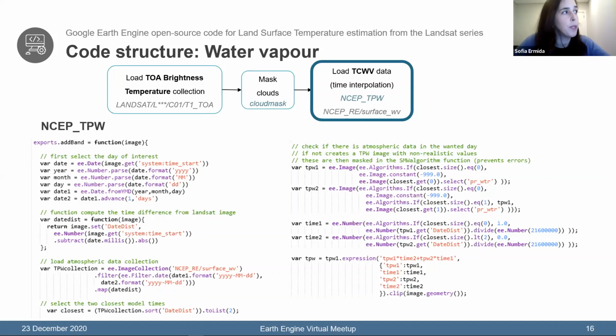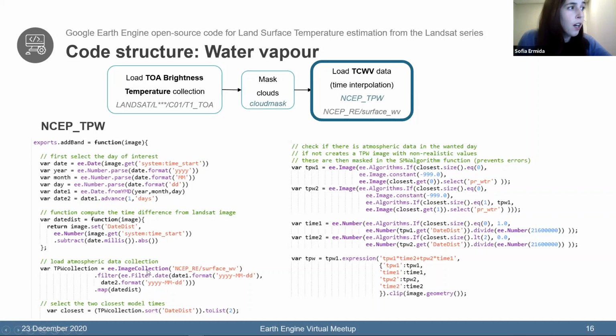This code seems very complicated, but basically we just select the dates we want to use to set up our date range to load the reanalysis data.